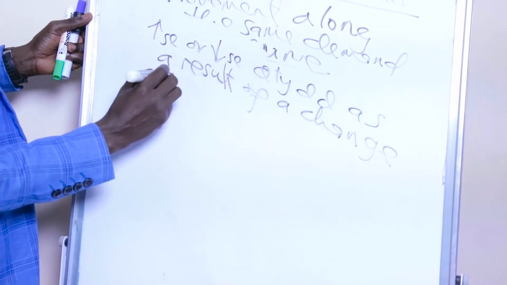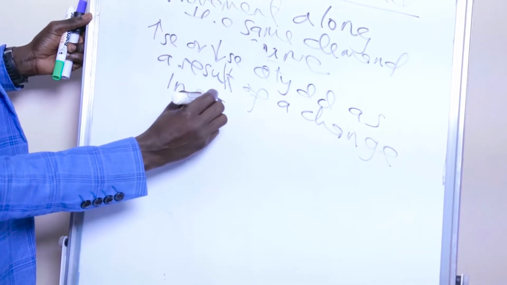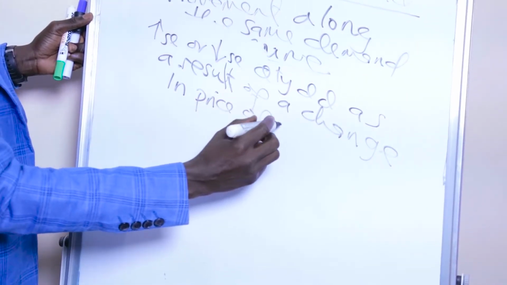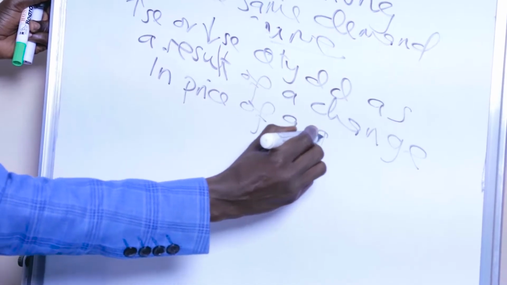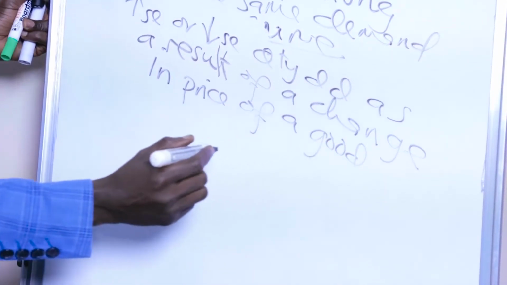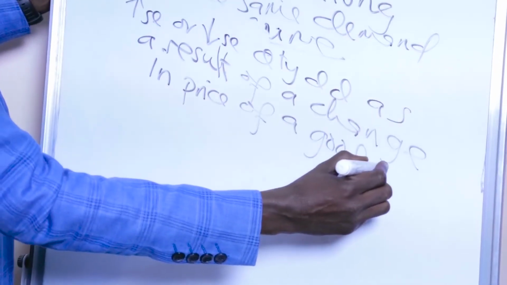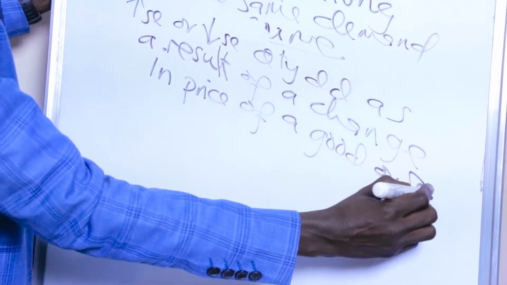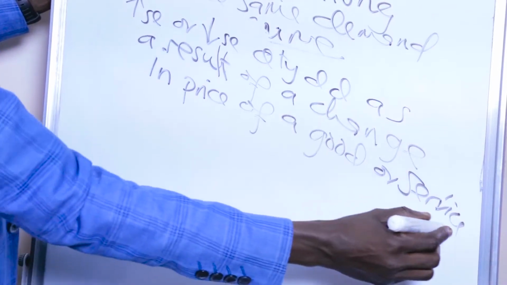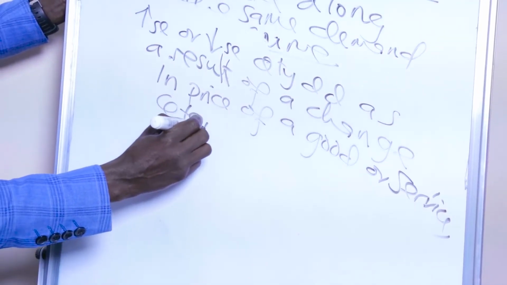Change in the price of the commodity. Change in the price of a good or service. It also considers services because we have been mostly talking about goods. Of a good or service, ceteris paribus.